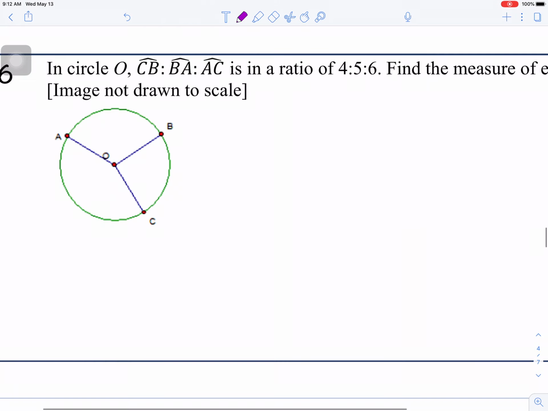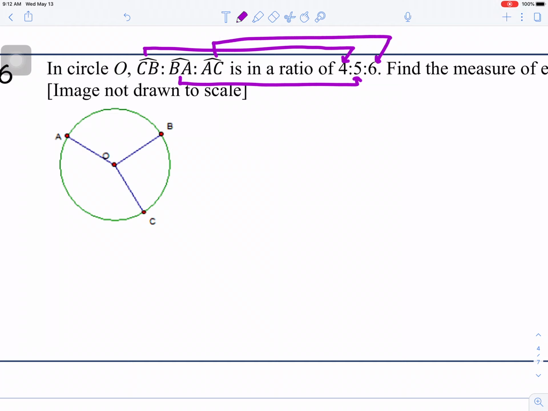Now, remember, when you have a ratio, it's done respectively, so that whatever your first arc is, that goes with the first number. And your second arc goes with the second number, and your third arc goes with the third number. So arc CB would go with the 4. Okay? And arc BA would go with the 5, and arc AC would go with the 6.